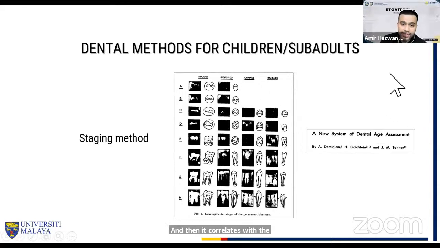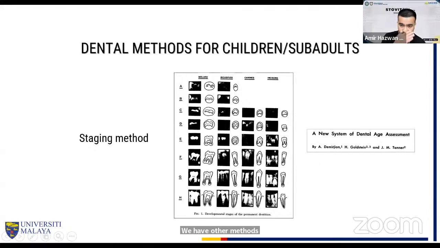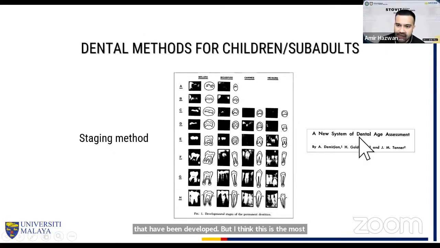And this is the most famous, most commonly used method in dental age estimation for children and sub-adults, the staging method. This is the Bayesian method. We have other methods that have been developed, but I think this is the most commonly applied throughout the world.